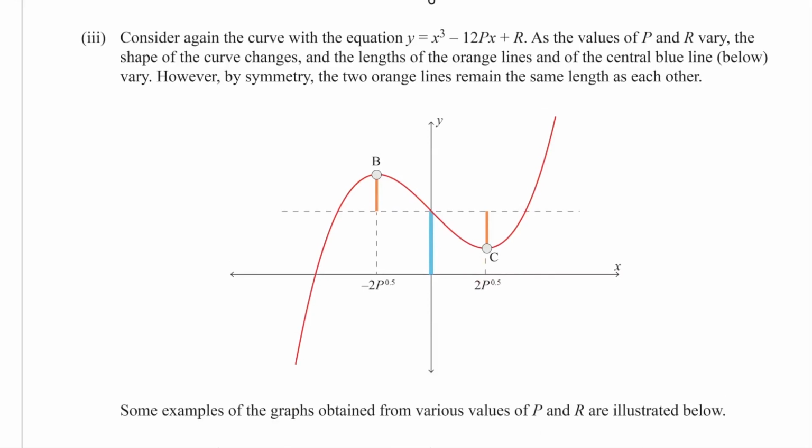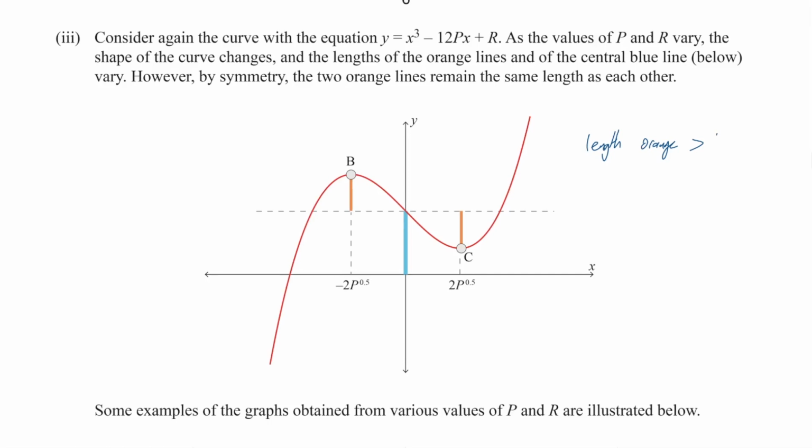So for there to be 3 x-intercepts, we would need this orange line at C to push all the way down here, below the blue line. And I mean, this one would do the same. And we'd be left with a cubic like so. So the condition to have 3 distinct x-intercepts is length of orange line must be greater than length of the blue line.